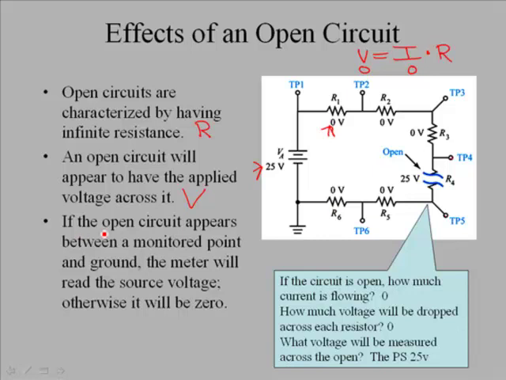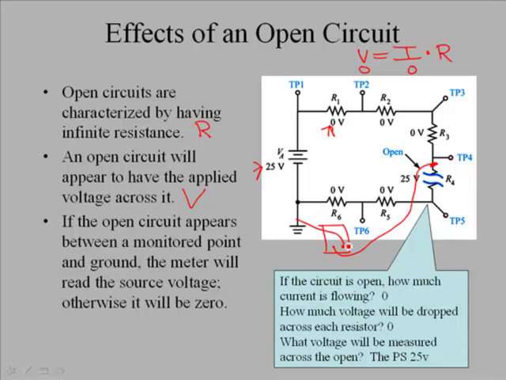Okay, if the open circuit appears between a monitored point and ground, the meter will read the source voltage, otherwise it will be 0. Okay, so that's just what we mentioned here. Usually when you're measuring something like this, you'll have your meter, and you'll have one probe going to ground, the other probe going over like so.